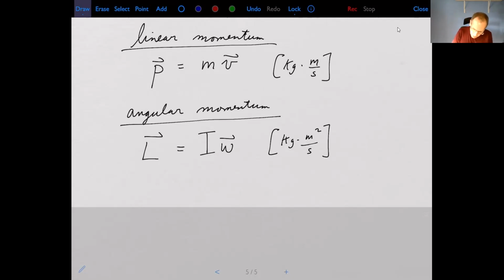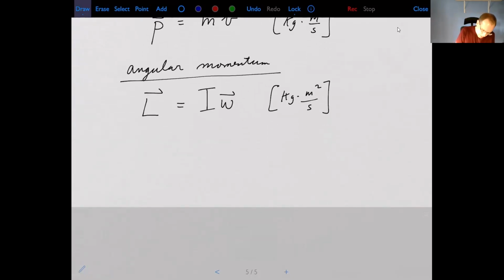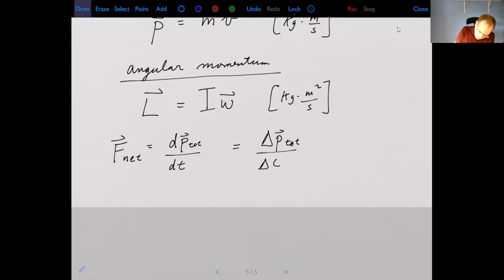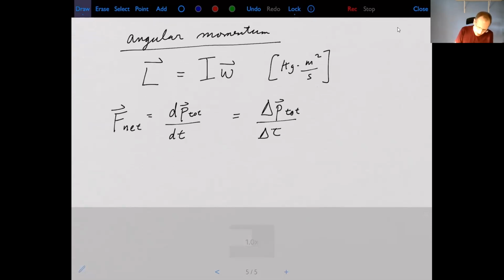So remember, one way of writing Newton's second law in terms of linear momentum, we could say the net force was equal to the time rate of change of the total linear momentum. And again, if you haven't seen calculus, remember you could think of this as just delta P total over delta T.